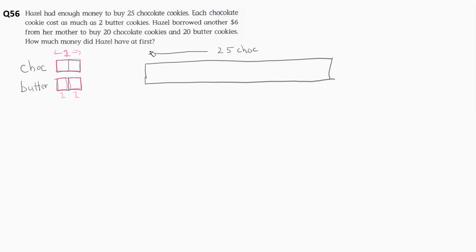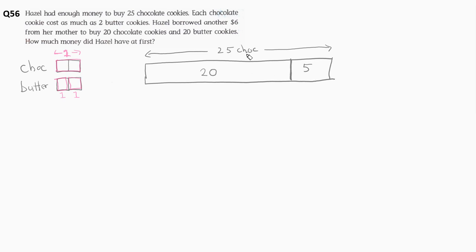There we go. But as I said, she didn't buy 25. She bought 20. So I'm going to split it. So she bought these 20, which means she didn't buy 5. She didn't buy 5 chocolate cookies.